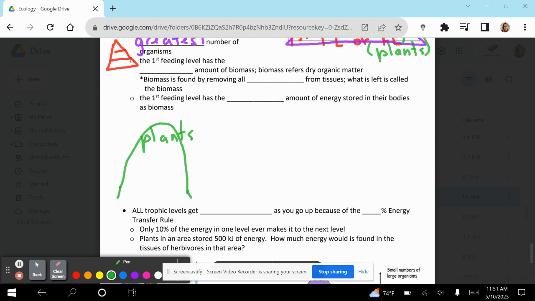If we gathered up all the herbivores and put them in a pile, that pile would be much smaller and there's less of them. And then we would have an even smaller pile of the carnivores. Okay. Now, let's go ahead and label the carnivores and the herbivores. Carnivores, we wouldn't have very many of them, and our herbivores.